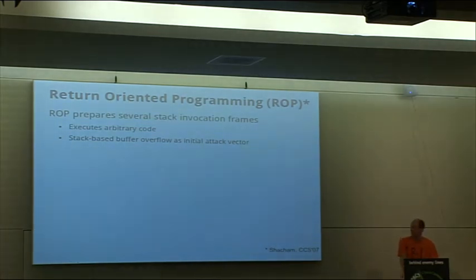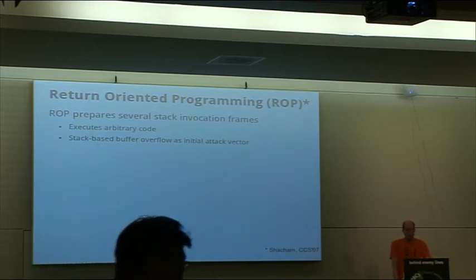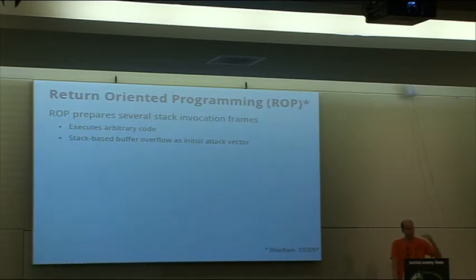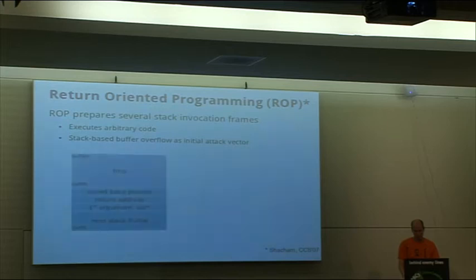Return-oriented programming is one of these data-based attack forms that prepares a set of stack frames on top of each other with specific return instructions or return directions to code sequences in the program that are available. If we have the same sample program from before, we once again have the stack frame, we use our buffer overflow, but we assume that data execution prevention is enabled, so we cannot inject code onto the stack and execute it there.